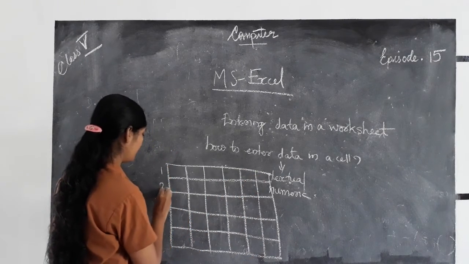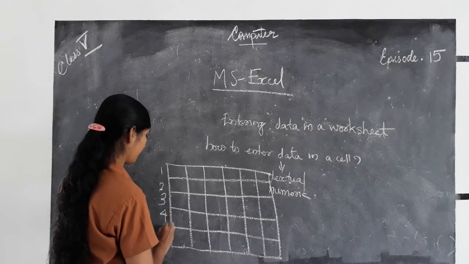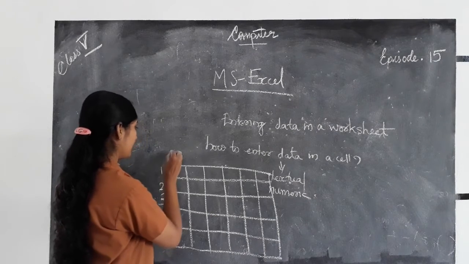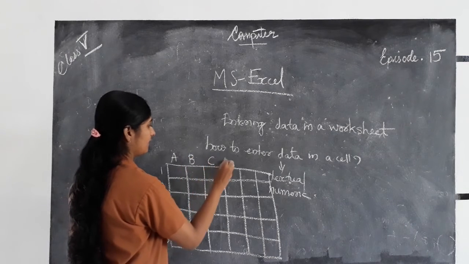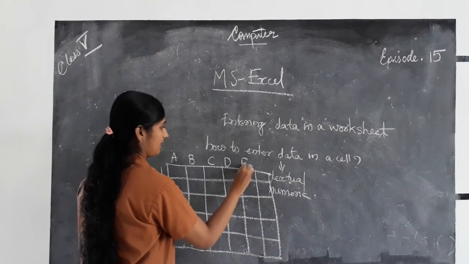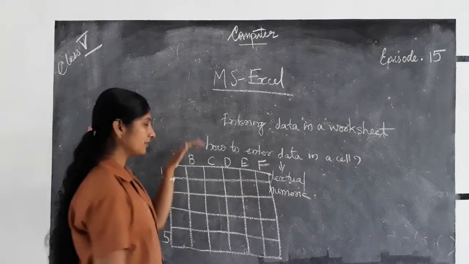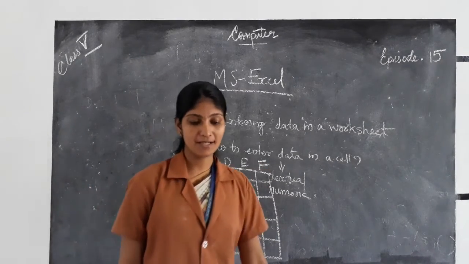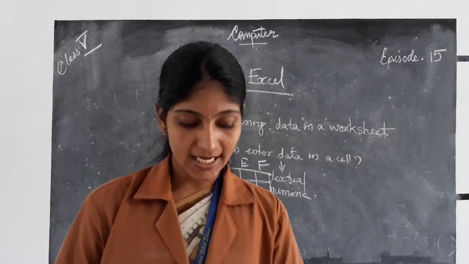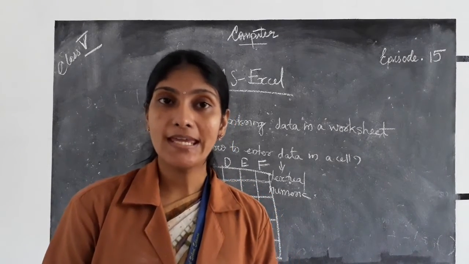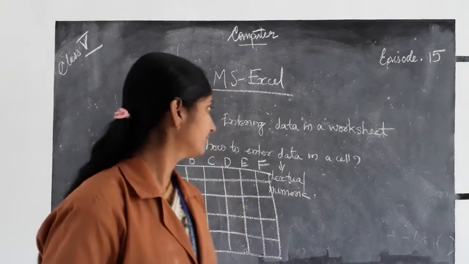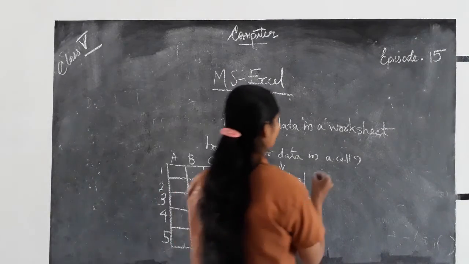Yes, so we know this is a spreadsheet. One, two, three, four, five. A, B, C, D, E, F. And on the top of that, we know there are some components. So, entering data in a worksheet. The first step is to make a cell active.